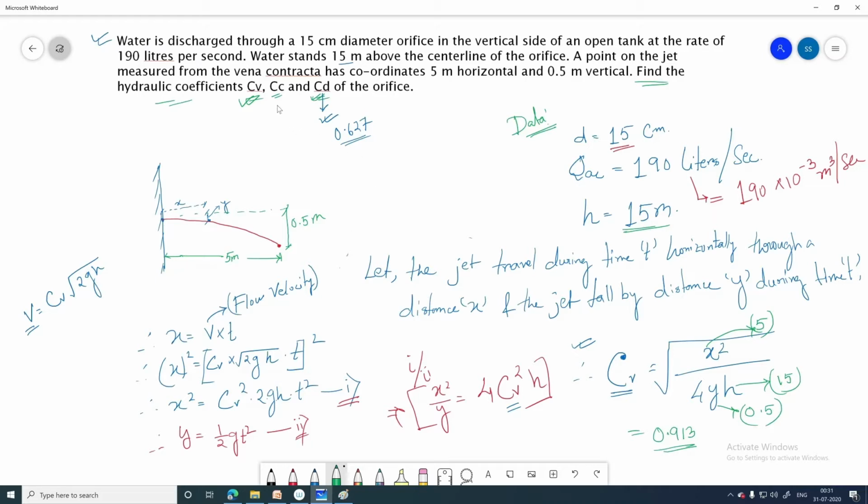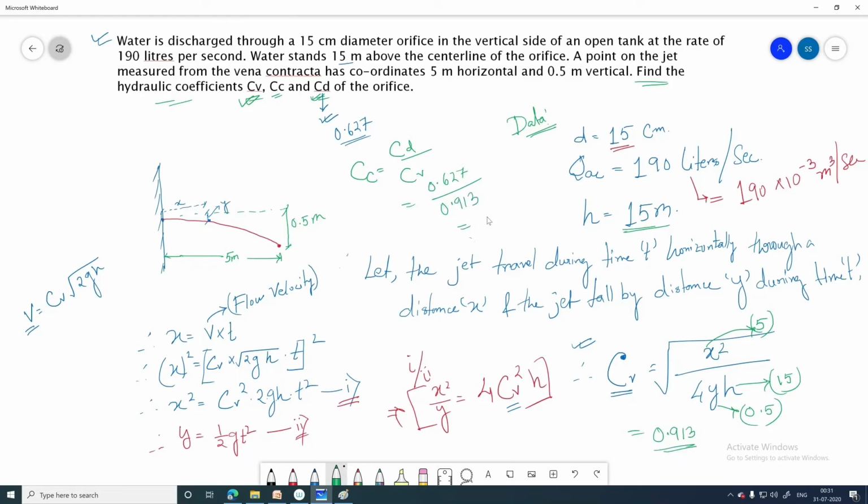Now we have the value of Cv as well as the coefficient of discharge. We just need to determine the value of Cc, that means the coefficient of contraction. It is nothing but the ratio of the coefficient of discharge by the coefficient of velocity. The value of Cd is 0.627 and Cv we just got is 0.913.